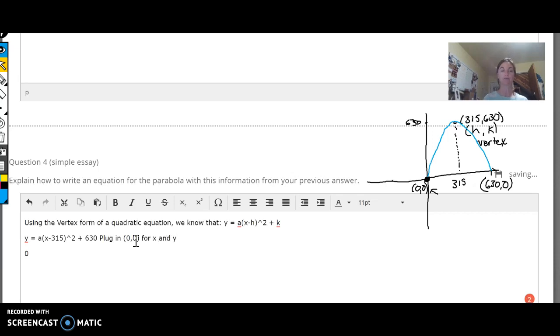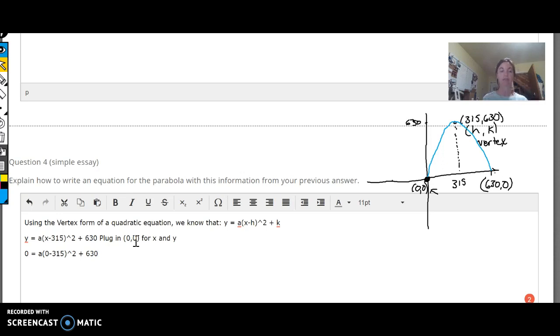So 0 now equals a times 0 minus 315 squared plus 630. Okay. Now 0 minus 315 is a negative 315, and negative 315 squared is 99,225.